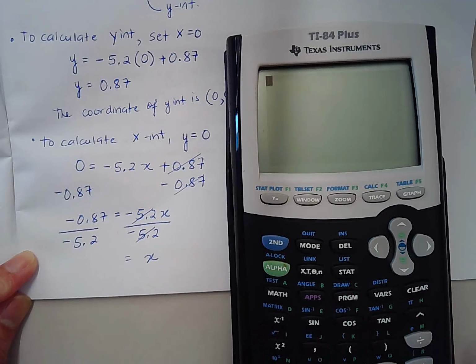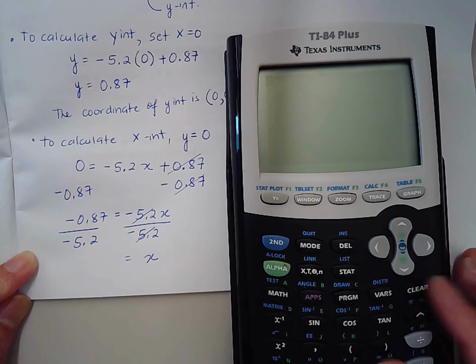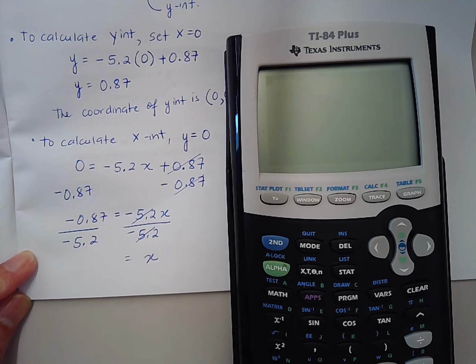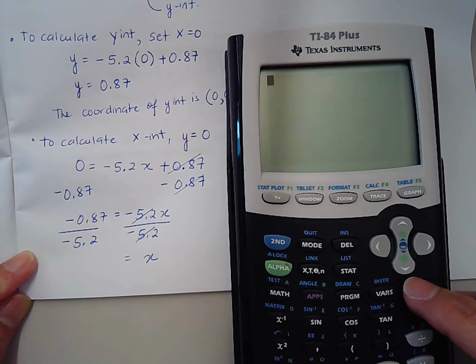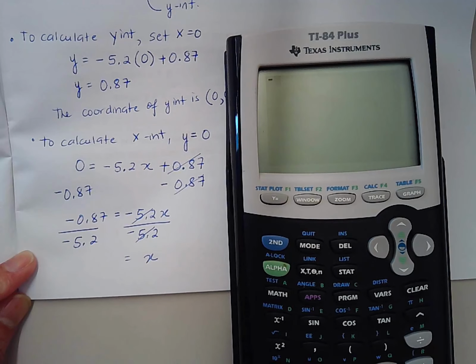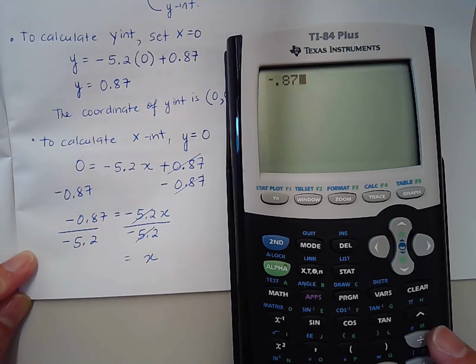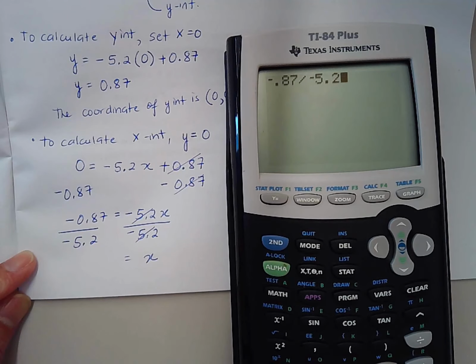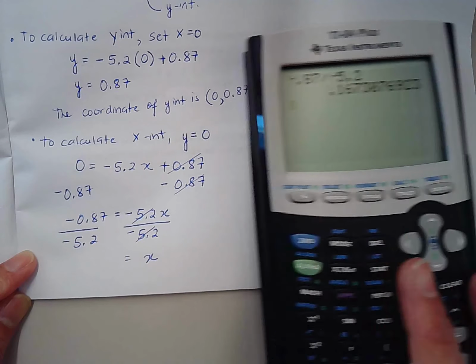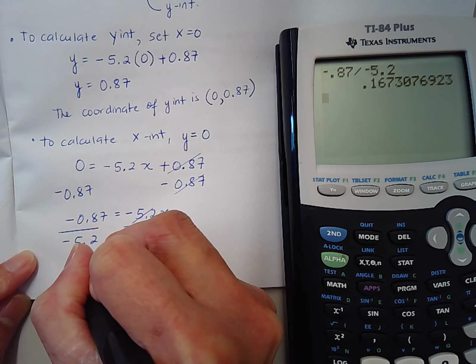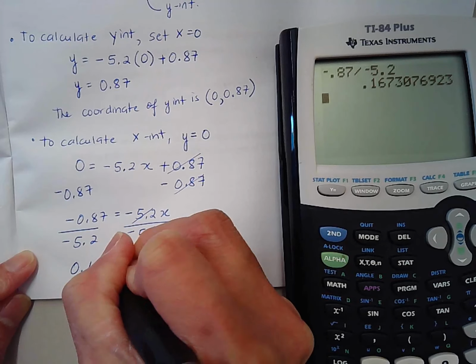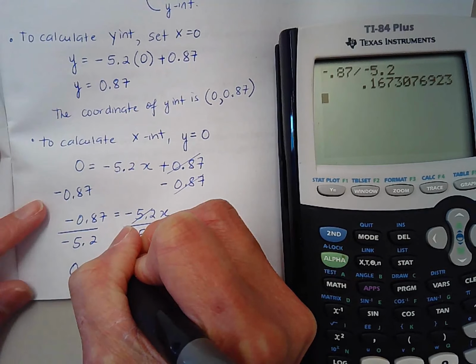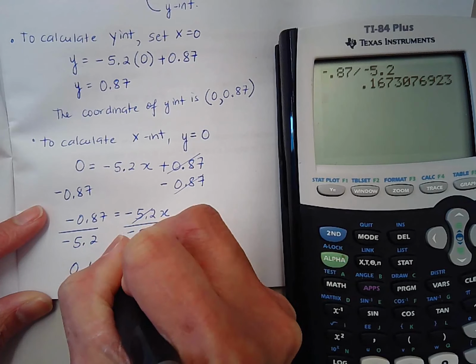If you want to get out of your screen, you can just clear it. Let's figure that out. So negative 0.87 divided by negative 5.2 is going to give us positive 0.1673.